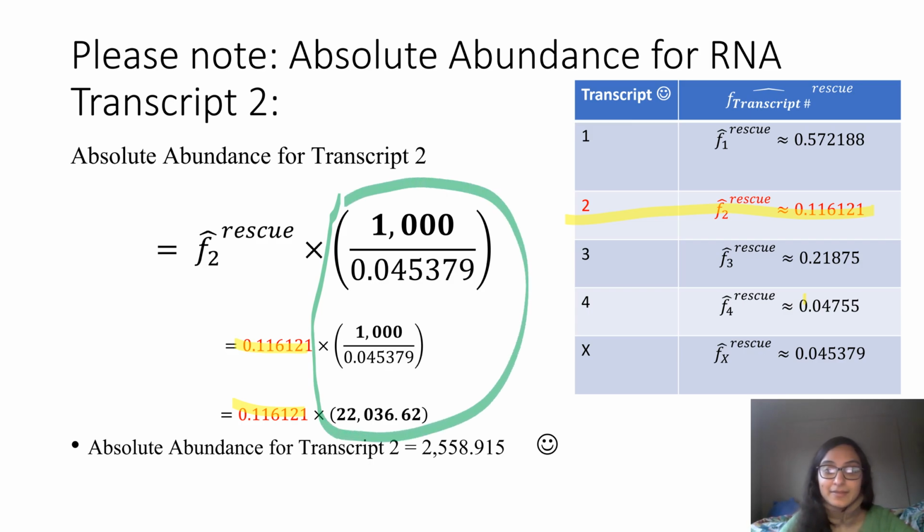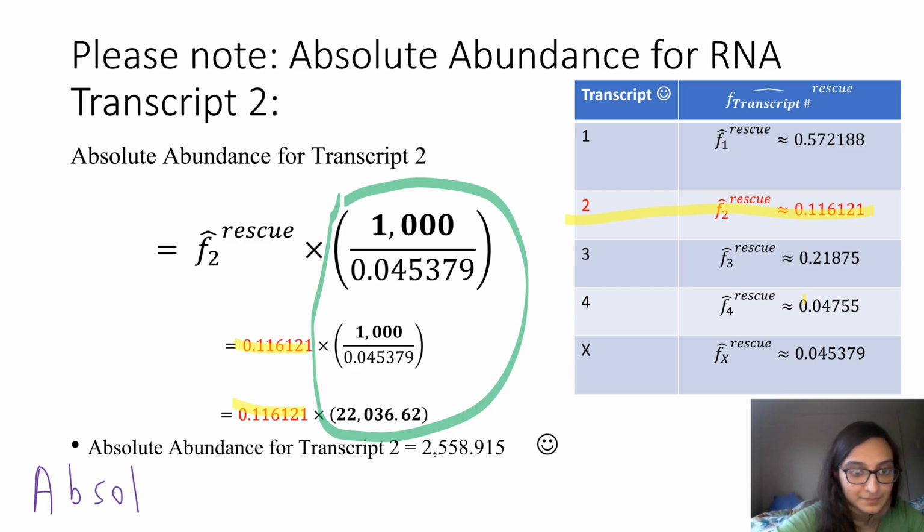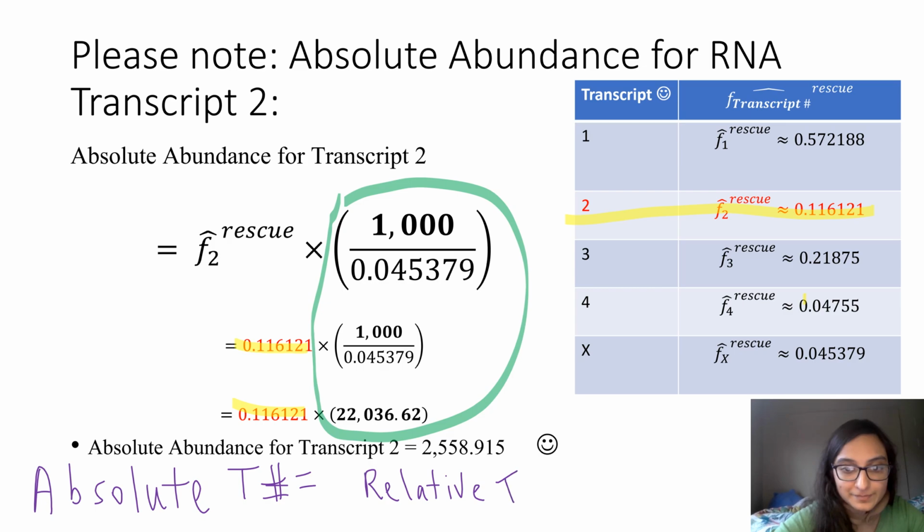Essentially, the way it goes is that the absolute abundance for transcript number T is equal to the relative abundance for the transcript number times the scaling factor, and that will be the spike-in scale.